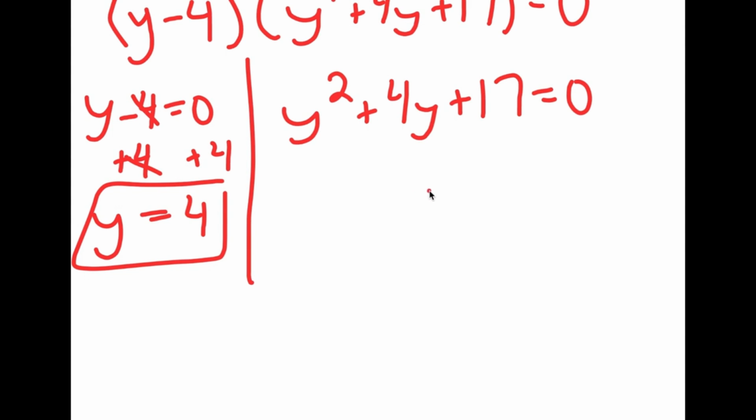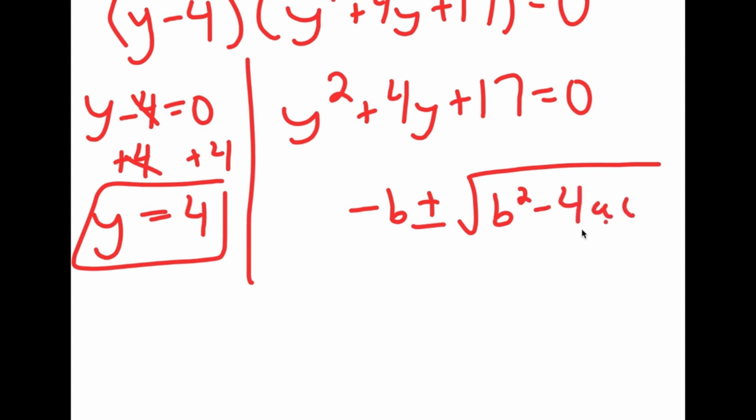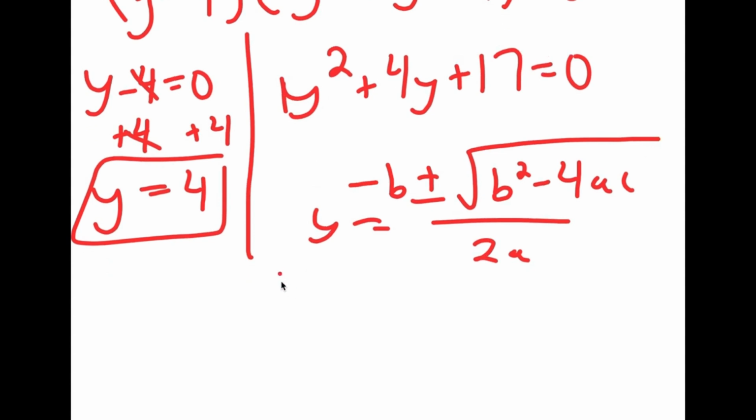I can solve this by using the quadratic formula, which is negative b plus or minus the square root of b squared minus 4ac over 2a. So in this case, a is 1, b is 4, and c is 17.